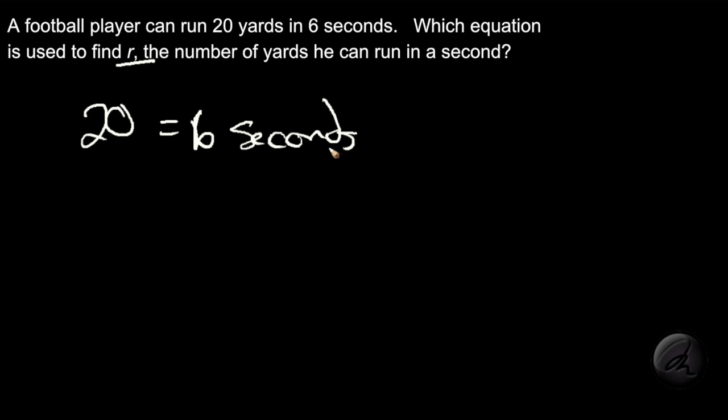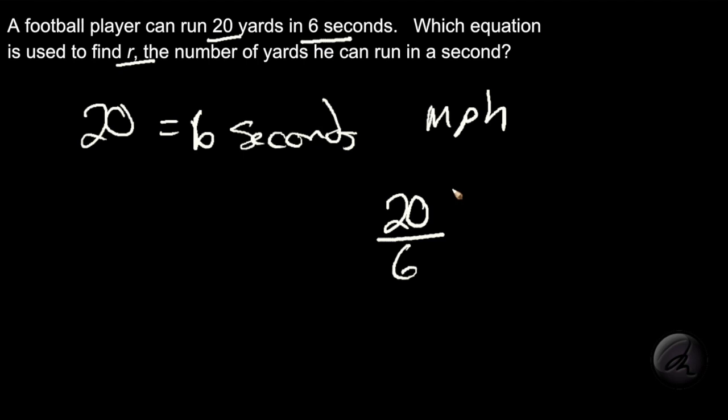Well, let's think about this. If he can run 20 yards in 6 seconds, think of miles per hour. So would we not read that as 20 yards per 6 seconds? 20 divided by 6 equals R. Okay, now, let's see.